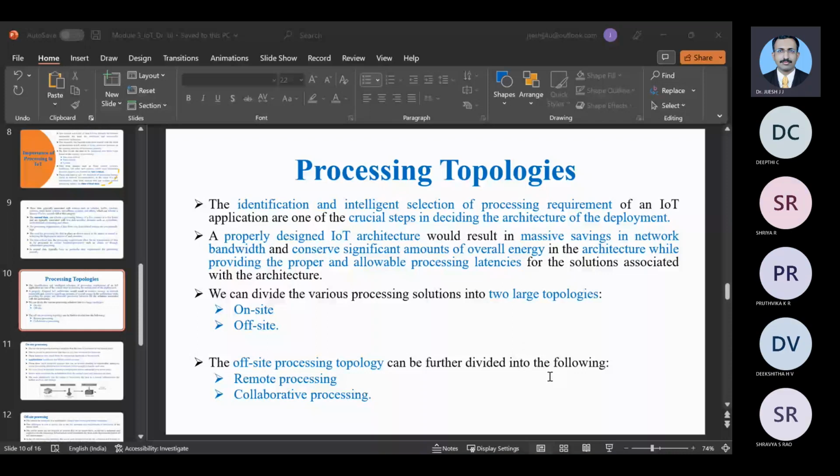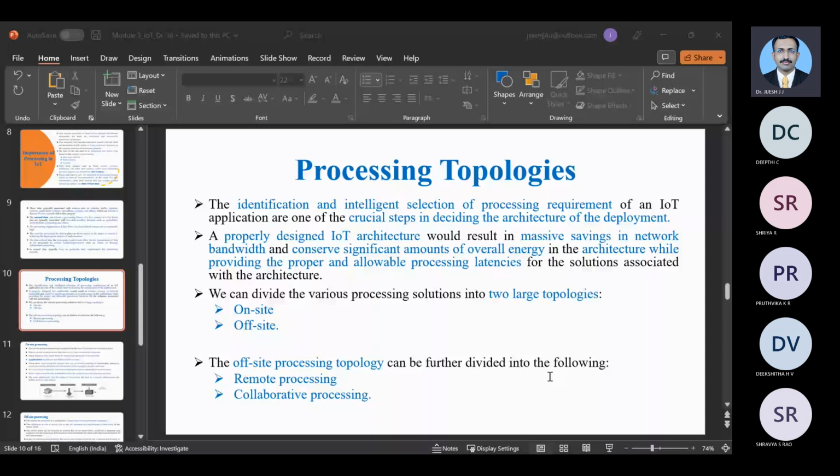So with a properly designed IoT architecture, you will have massive savings of the network with respect to bandwidth, with respect to the overall energy architecture of processing, and with respect to latency also.